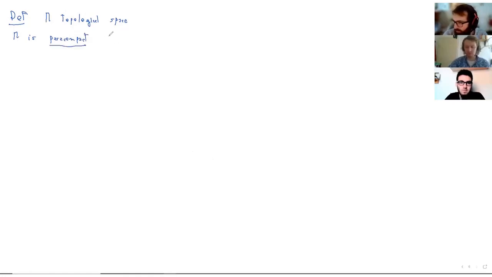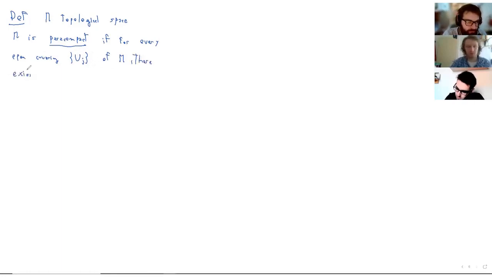This is what we're defining, paracompact, if for every open covering U_j of M, so you know what an open covering is, there exists a locally finite refinement.